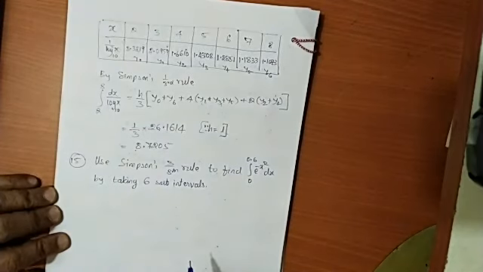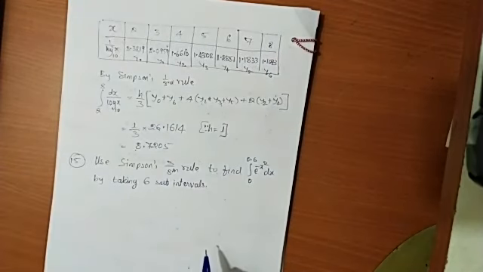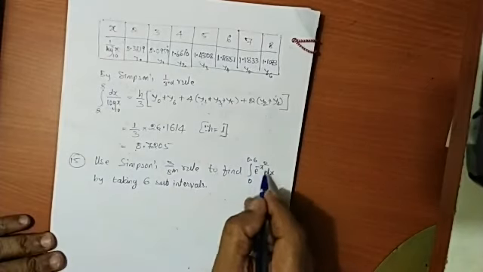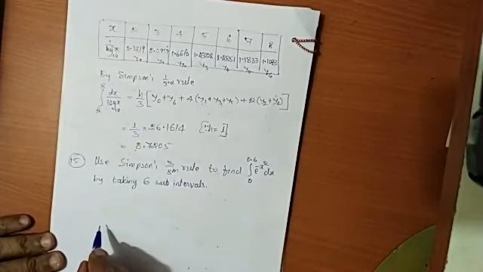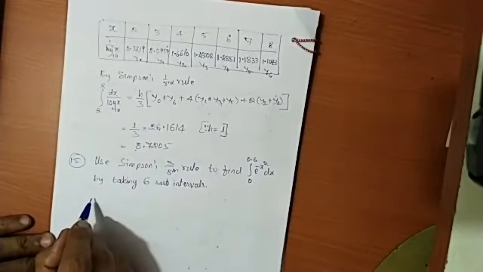That means again, he is asking you to divide the interval into 6 parts. So e raised to minus x squared is your function, right?